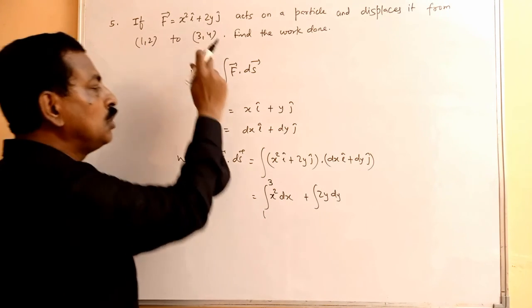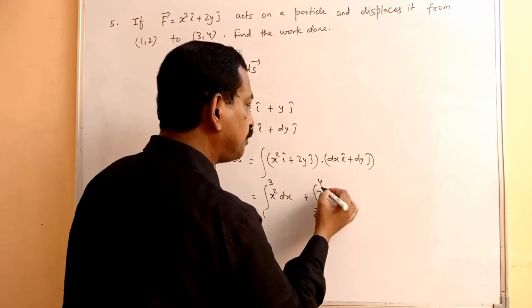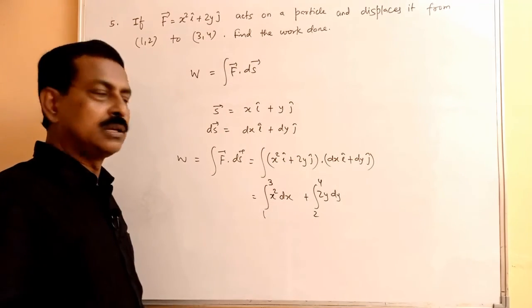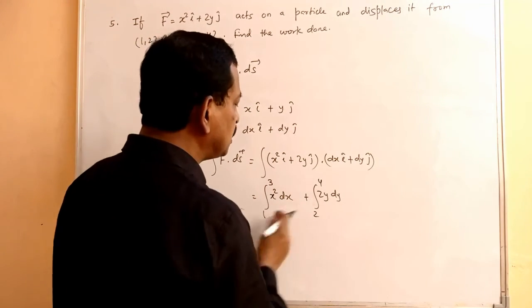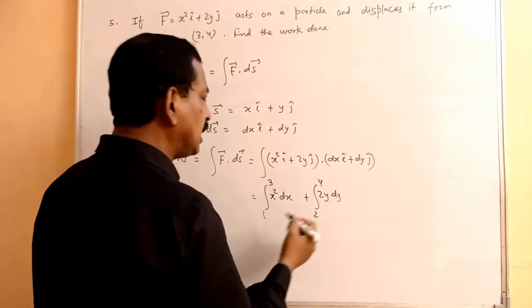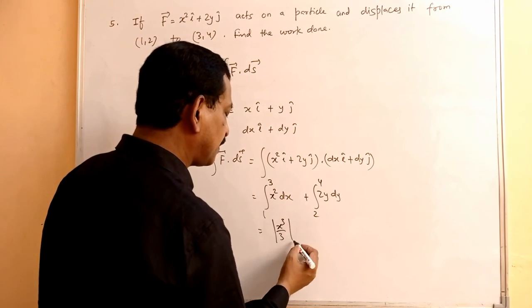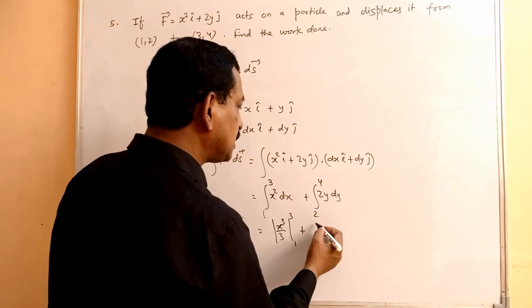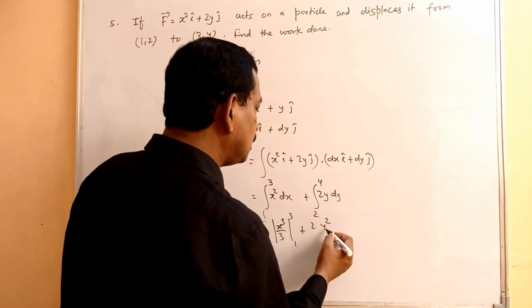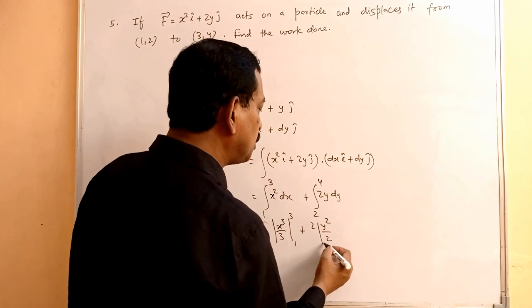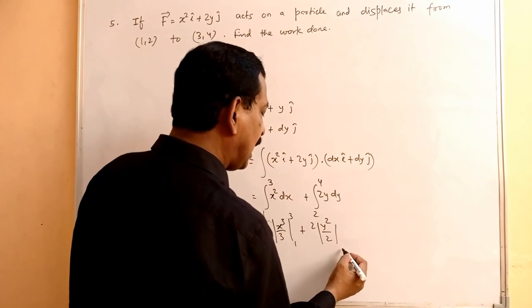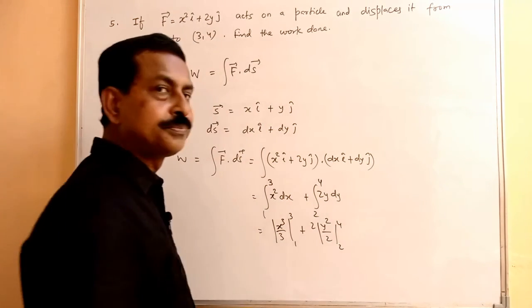So it is 2 to 4. Now you just do the simple integration and substitute the limit. This is x cube by 3, 1 to 3, and this will be 2 times y square by 2, because it is the integral of y dy, and it is 2 to 4.